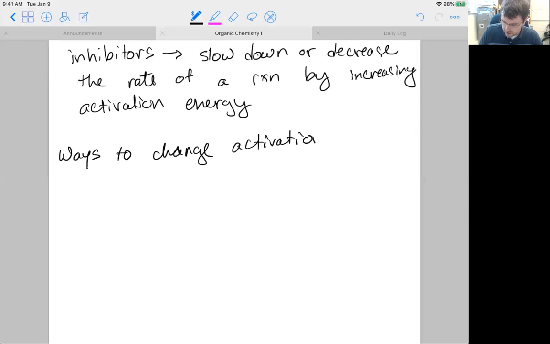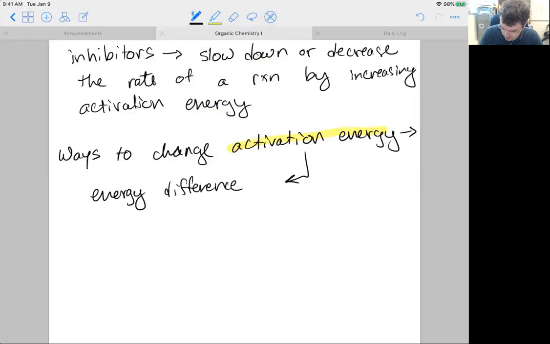That is to say, we can remind ourselves that the activation energy is simply the energy difference between starting material and transition state.